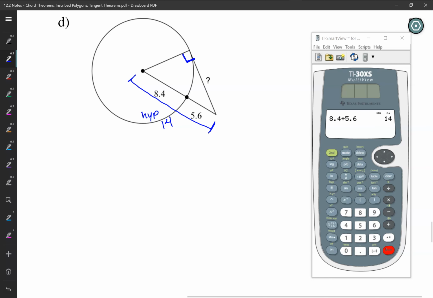But how do I figure out the question mark without knowing the other side? Well, just like before, this is a radius, which means this is also a radius, and every radius of the circle has the same length.